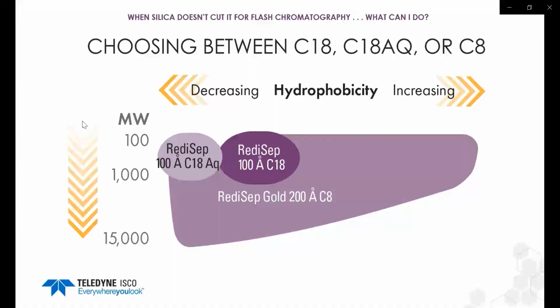And then we have our 200 angstrom C8 media, and this offers a very wide range for purifications, anywhere from molecular weight near 100 to up to 15,000 Dalton, and across the hydrophobicity range because of your effective pore size and the interaction that you can have with your larger molecules and the stationary phase.